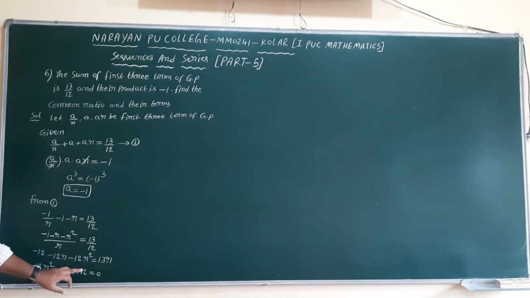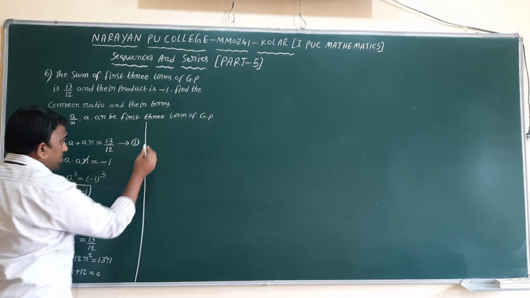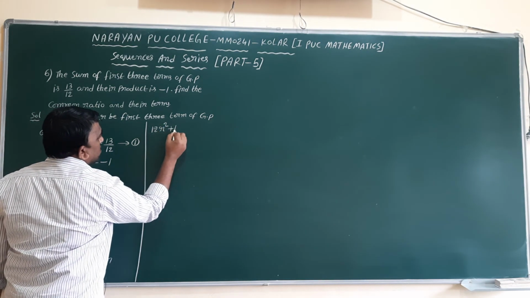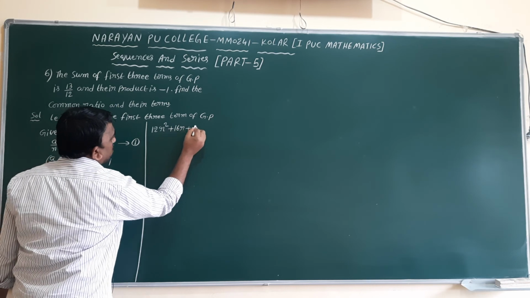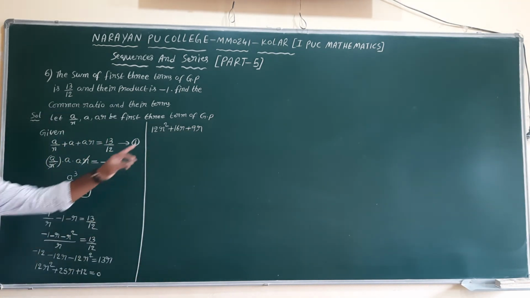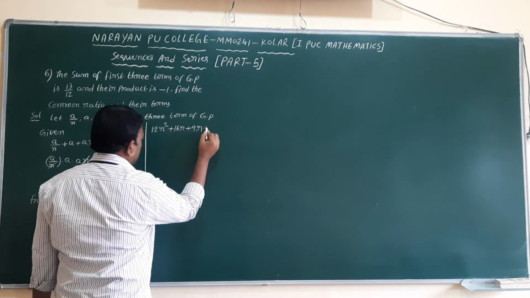So extreme product 12 into 12 is 144, in middle term 25 is there. So this we can split 12R square plus 16R plus 9R plus 12 is equal to 0. 16R plus 9R is 25R, and multiplying these two extreme product will get 144. Like that we need to split the products.